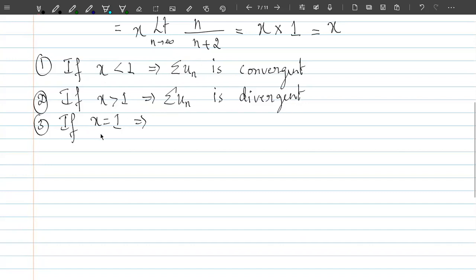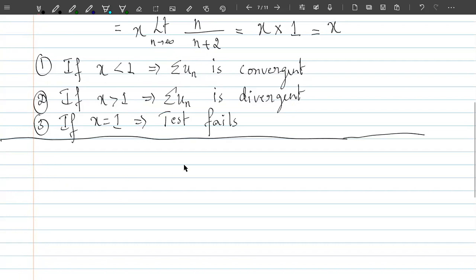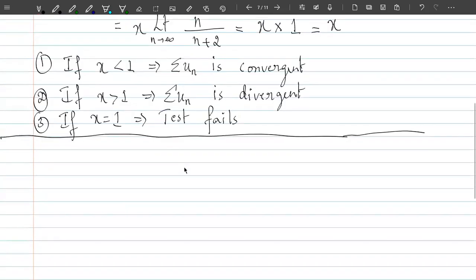And if the value of the limit is equal to 1, we say that the test fails. Since the test fails here, we will have to use some other test and find out whether the series is convergent or divergent. So what we do is we will use something called as Raabe's test.